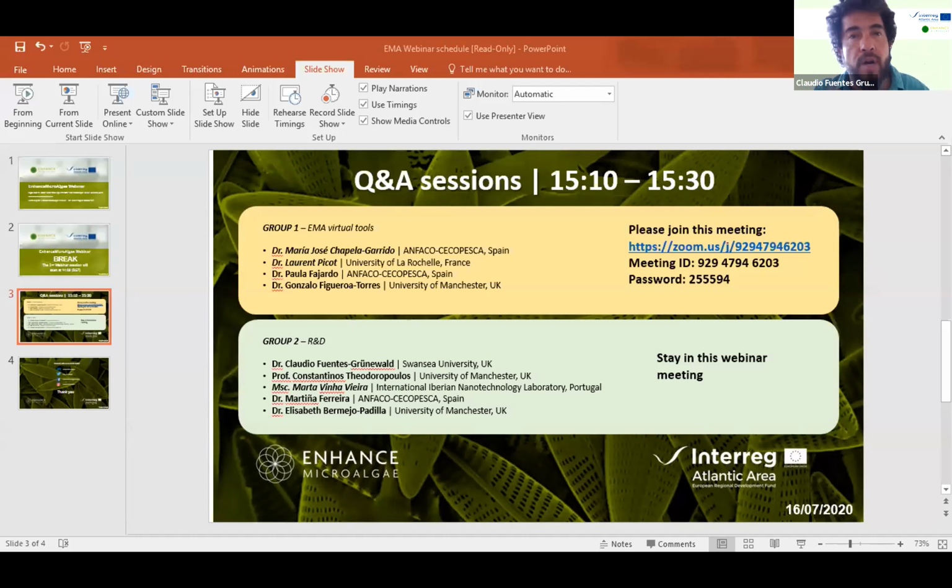Claudio, there's another question about whether the tool can be used to simulate production in a batch reactor. Yes, of course. Basically, you cannot set the amount of time, but you say no background dilution, and then you have virtually no harvest.